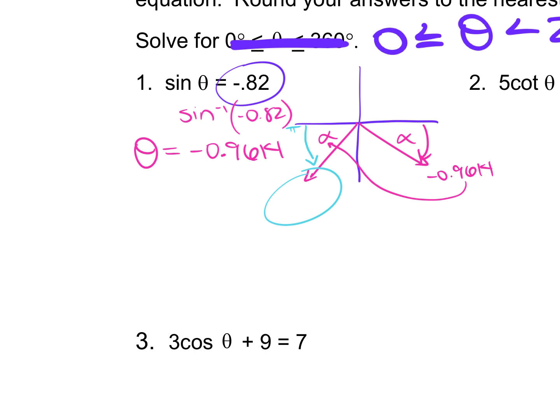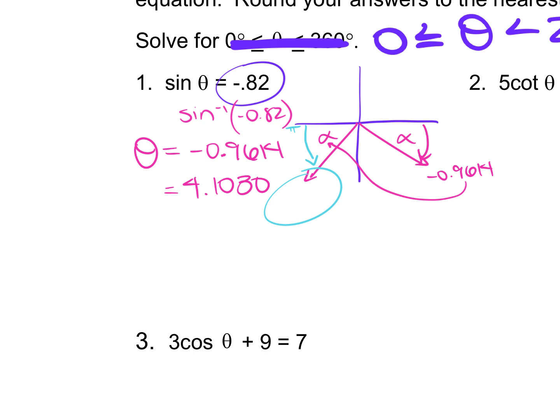Why am I not using the negative? Reference angles are never negative. So I use that amount of rotation. What do we get as our second answer? 4.1030. Okay, that is my second answer.